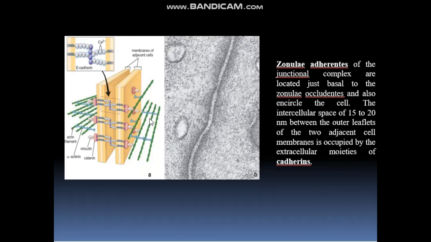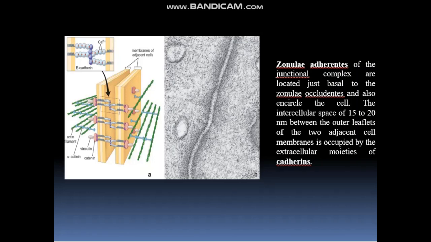They are present in tissues and organs that always undergo abrasion, friction, and so on. We see them especially in large amounts in the epithelial lining of internal organs or in the surface lining of the body. So after the zonula adherens, we go to the next type of junctional complex.